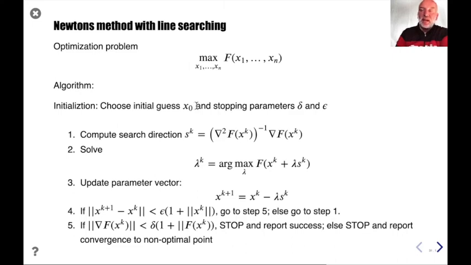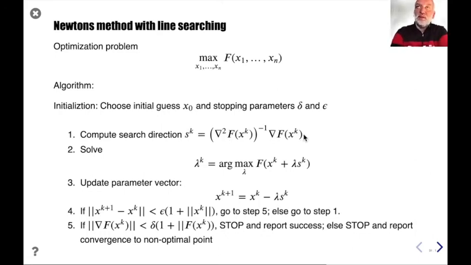So you choose that, and then you choose some stopping parameters. I call them delta and epsilon here. The first thing you do is compute the search direction. You can do that by solving the linear system of equations that has the search direction as the endogenous variable you're solving for, and then the Hessian and the gradients.